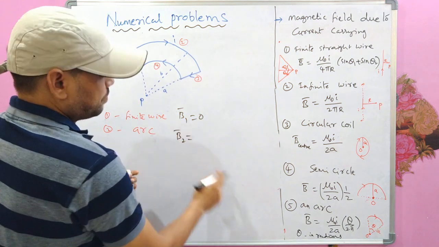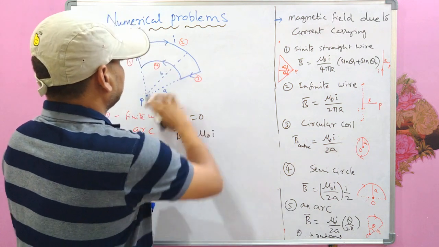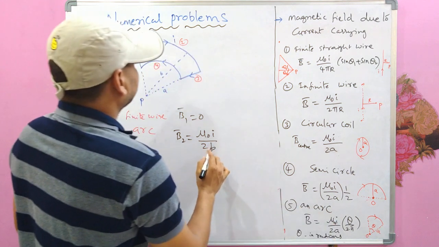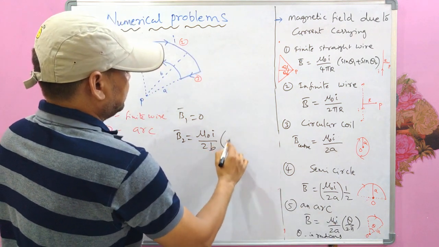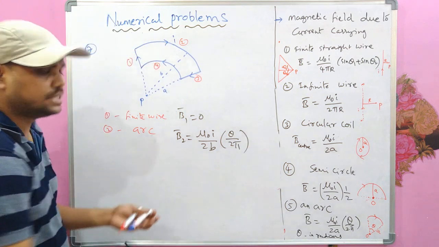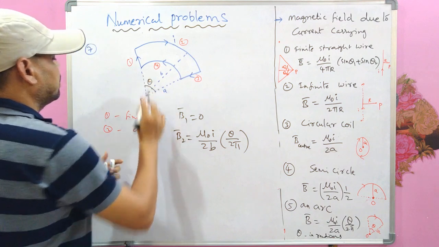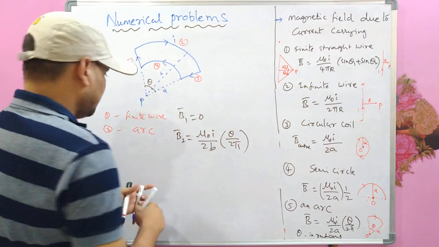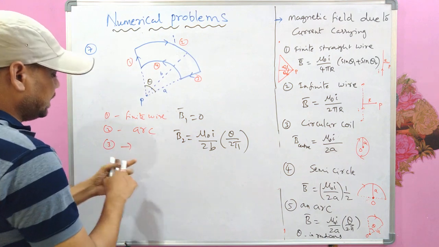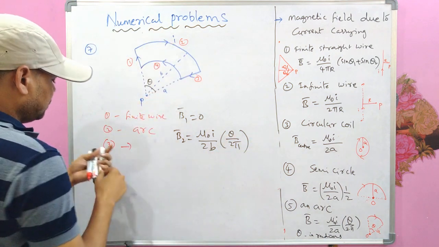B2 will be, using this, mu naught I by what is its radius? 2b instead of a, and theta by 2 pi. We don't know what theta is. So what is theta here? This is theta. Okay, so number 3, what is the direction of it? The current direction, inwards.